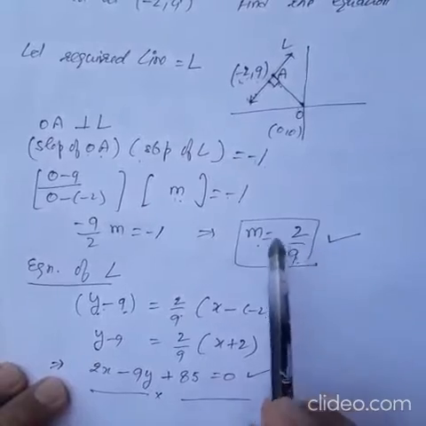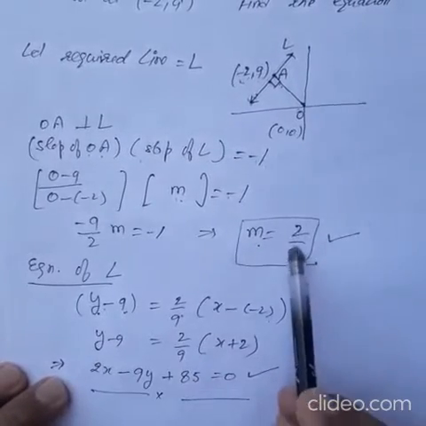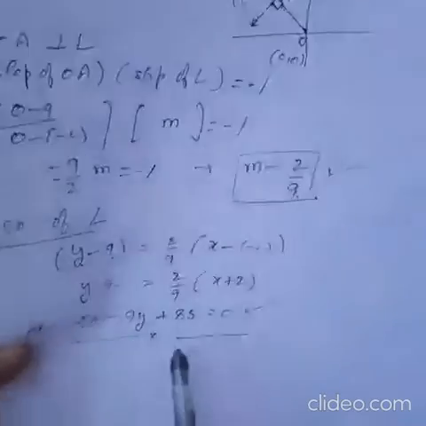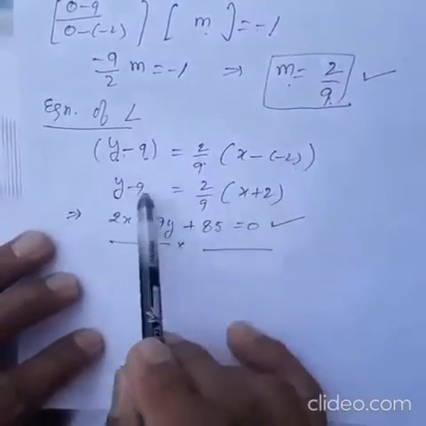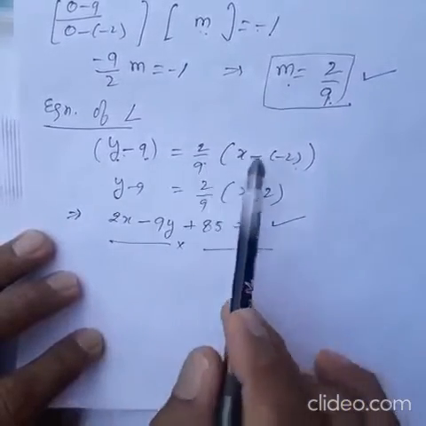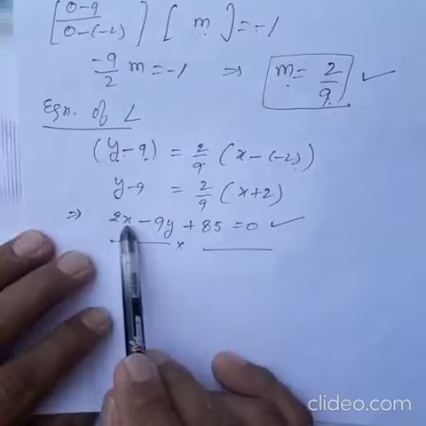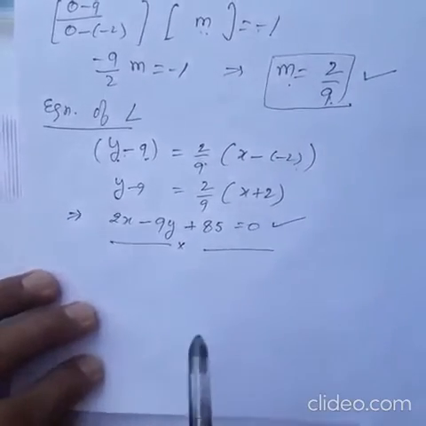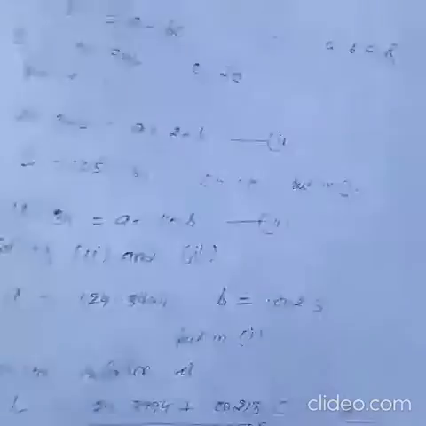Then use the one-point form of the line. This is the slope and this is the point, so find the equation. The required equation can be evaluated using the formula y minus y1 is equal to slope times (x minus x1), and the answer is 2x minus 9y plus 85 is equal to 0. I hope it is clear to you all.